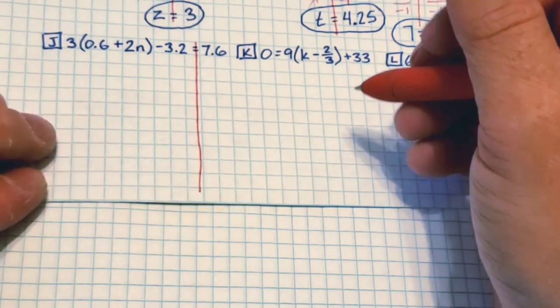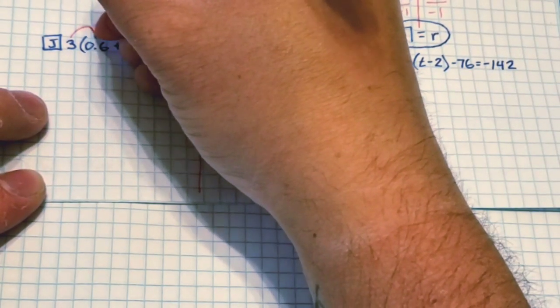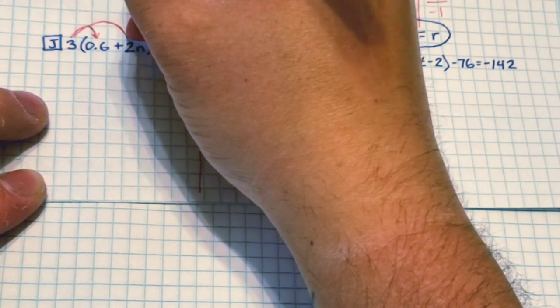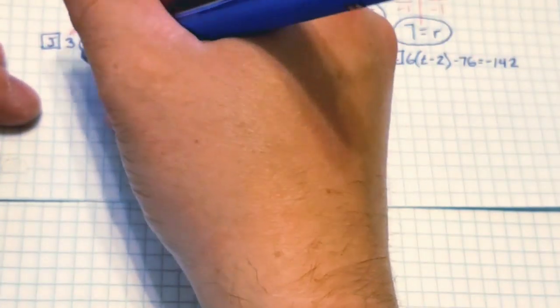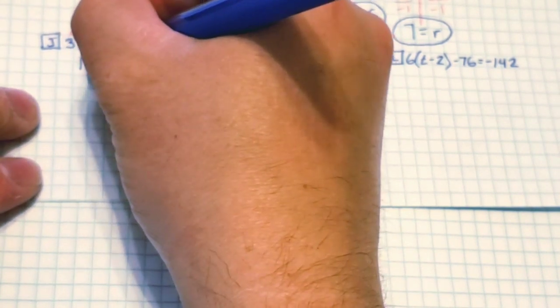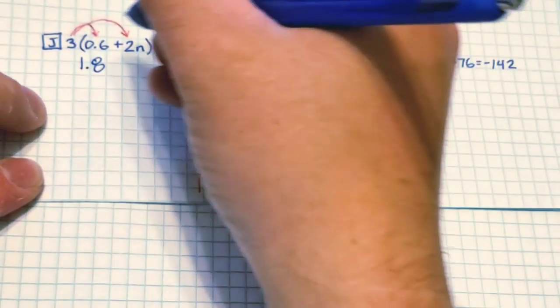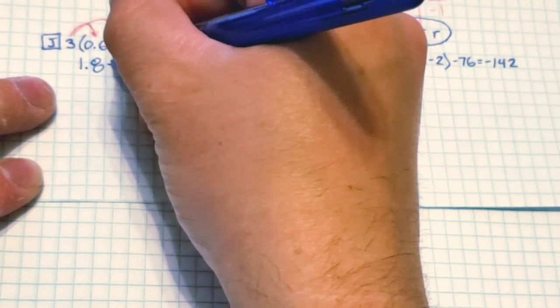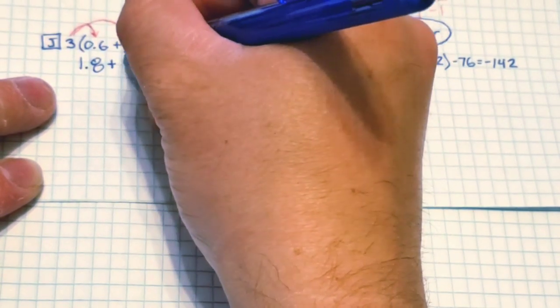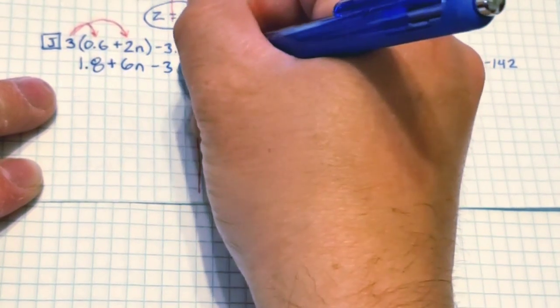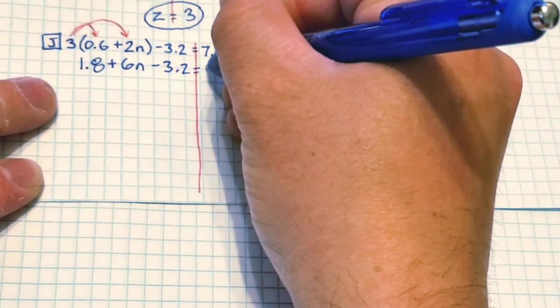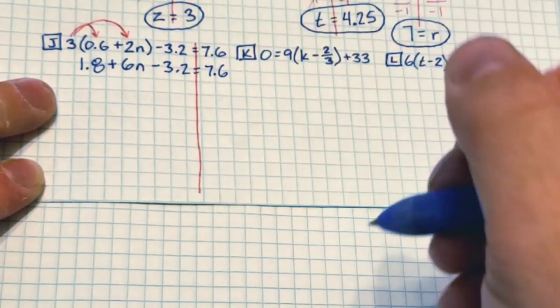We're multiplying everything inside here by a positive 3. 3 times 6 is 18, so 3 times 6/10 would be 1 8/10. 3 times a positive 2n would be positive 6n. Bring down your minus 3 and 2/10 equals 7 and 6/10.